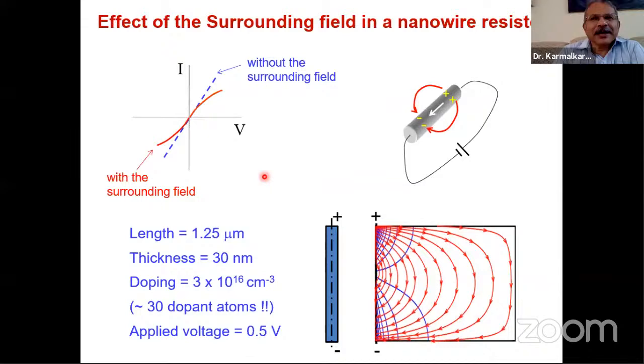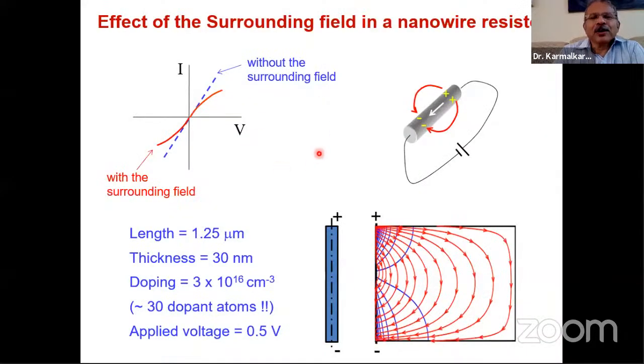When you see the effect of that in current voltage characteristics, you get this red curve with the surrounding field. A slight non-linearity is introduced. Without the surrounding field, it is Ohm's law. Current versus voltage is linear. So this is how the surrounding field can explain the non-linear shape.